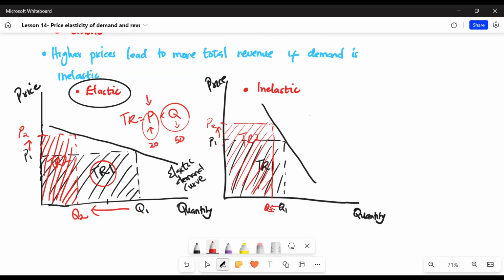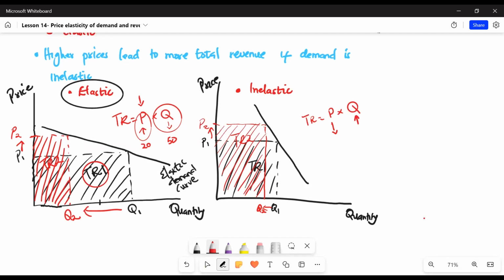To explain this further, we know that total revenue is equal to price times quantity. So when demand is inelastic and price reduces, quantity demanded will increase, but not by a bigger proportion. Quantity demanded will increase by a smaller proportion as compared to the reduction in price. So this will lead to less total revenue. But if price were to increase, quantity demanded will reduce, but by a smaller proportion.